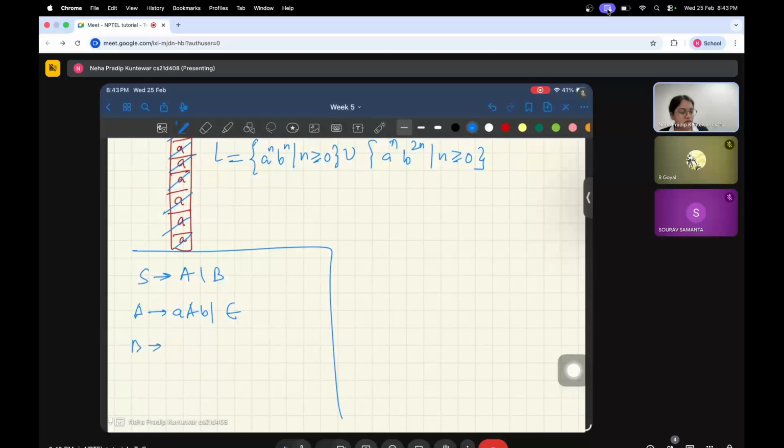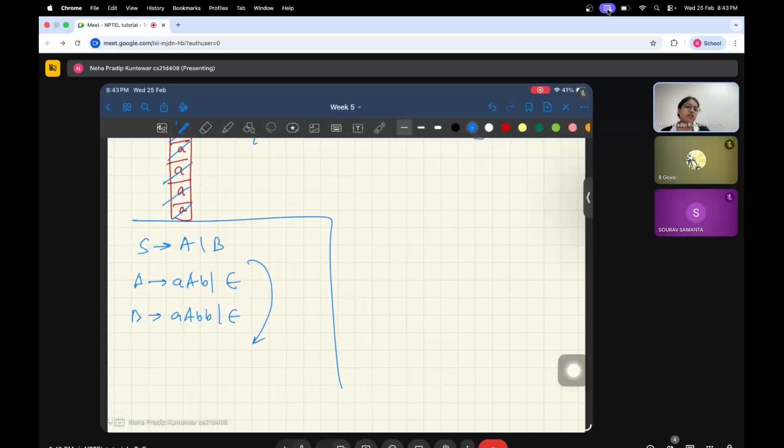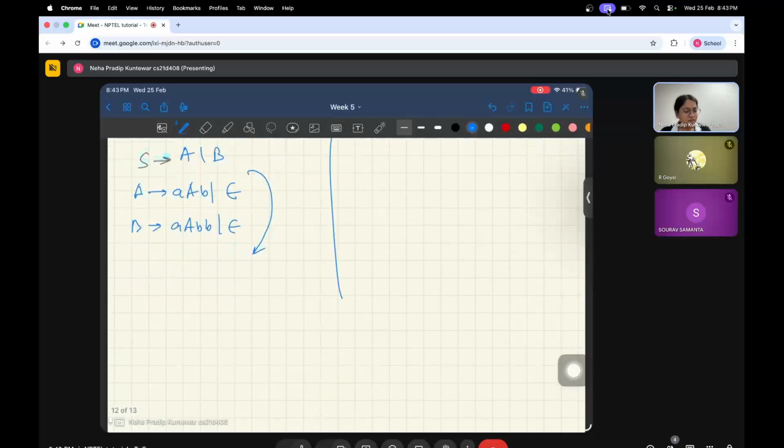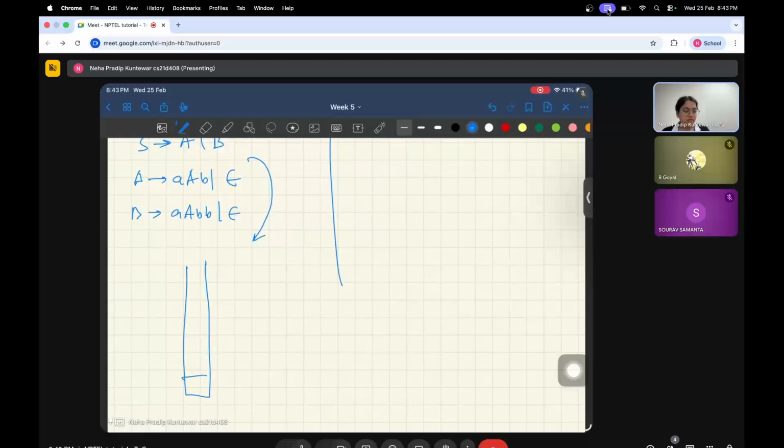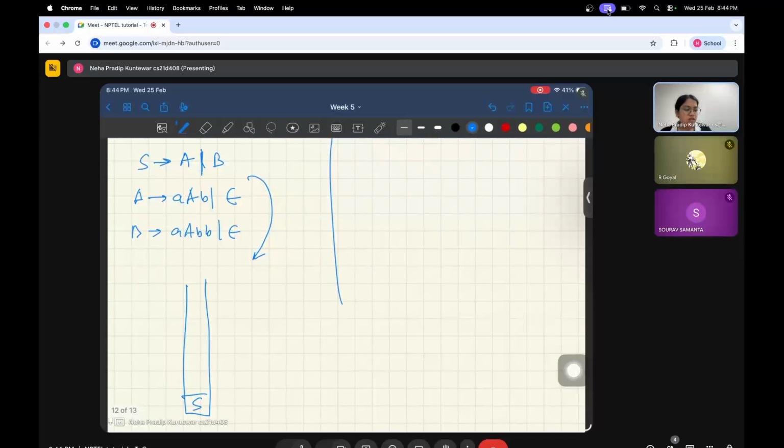There is something called equivalence of grammars to PDAs, where given any grammar you can convert it into an equivalent PDA. This has to be brought into the CNF form, the Chomsky normal form. Only then you apply this construction. Any grammar can be brought into an equivalent Chomsky normal form. Now you look at that and you apply the rules.